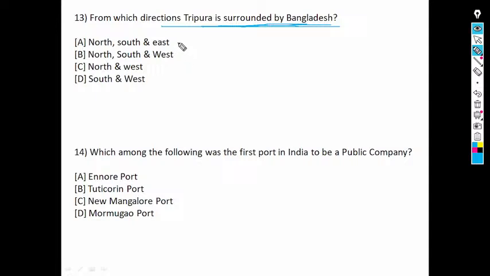Tripura is surrounded by north, south, east, southwest, northwest. Tripura direction. Tripura is surrounded by Bangladesh.